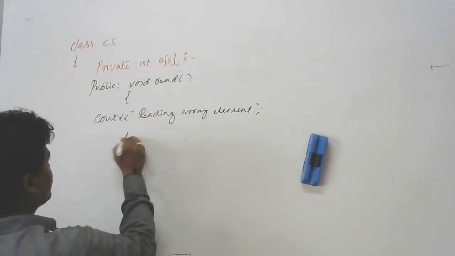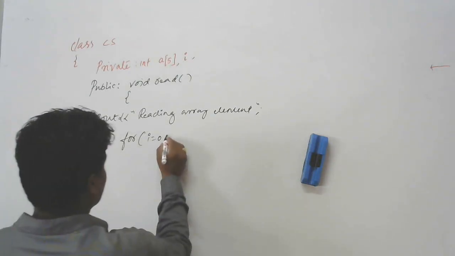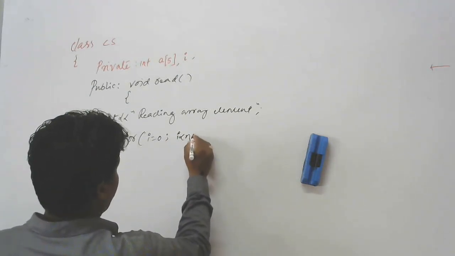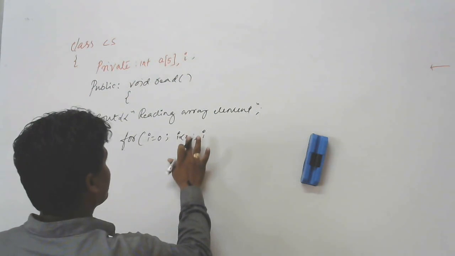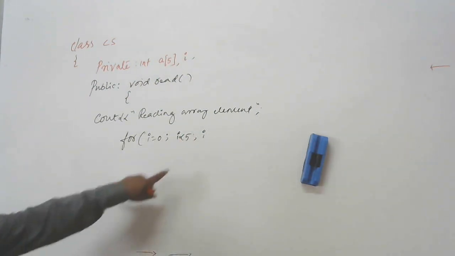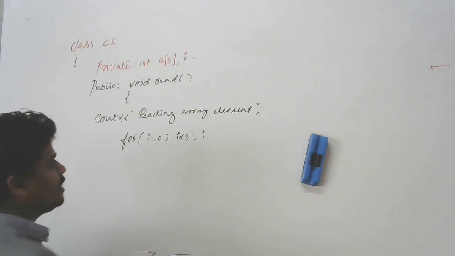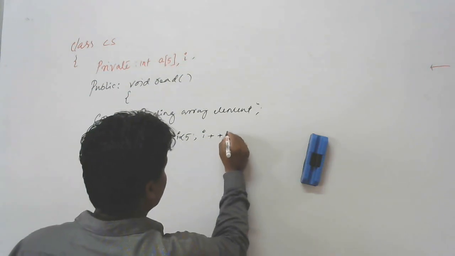For that array block, I am taking the help of a for loop. For i equal to 0, i is lesser than n, i is lesser than 5. Why I have not mentioned n here, I will tell. i equal to 0, i is lesser than 5, i plus plus.